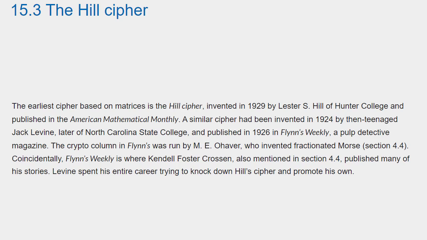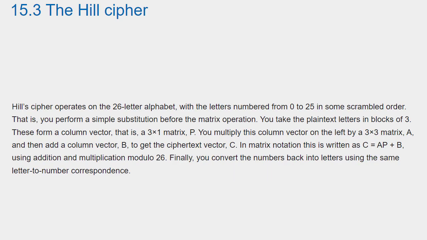The crypto column in Flynn's was run by M. E. O'Haver, who invented fractionated Morse, section 4.4. Coincidentally, Flynn's Weekly is where Kendall Foster Crossan, also mentioned in section 4.4, published many of his stories. Levine spent his entire career trying to knock down Hill's cipher and promote his own.